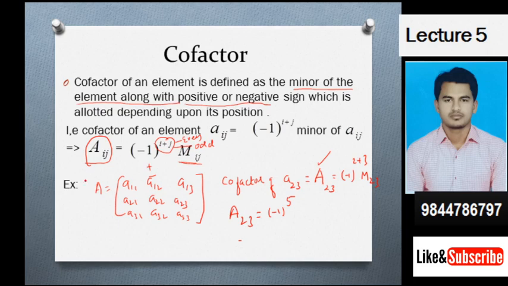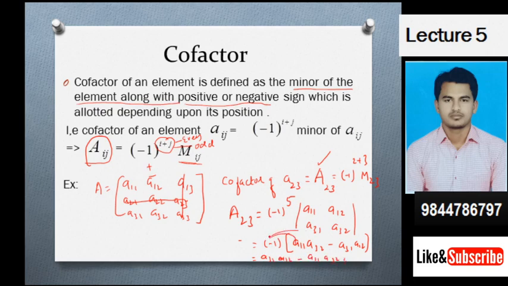Eliminating second row and third column. Determinant of A11, A12, A31 and A32 is equal to minus 1 times the bracket A11, A32 minus A31, A12. So multiply with minus sign, that is A31, A12 minus A11, A32.